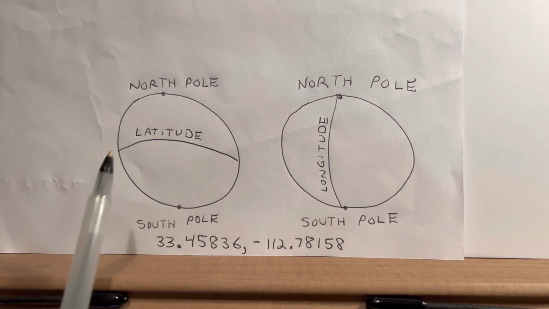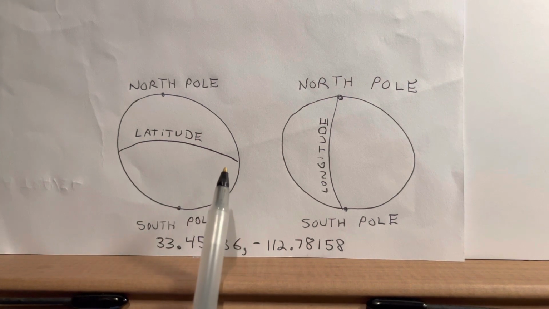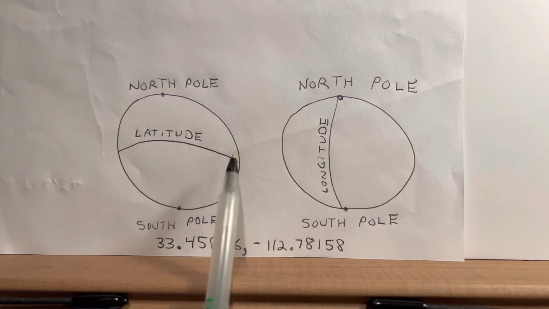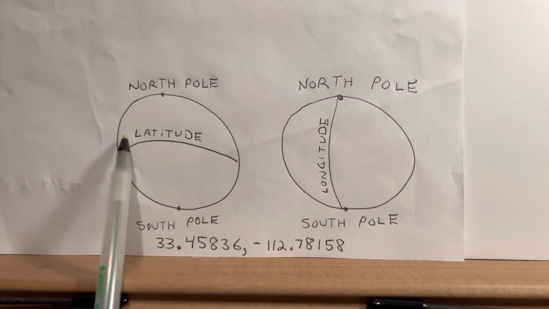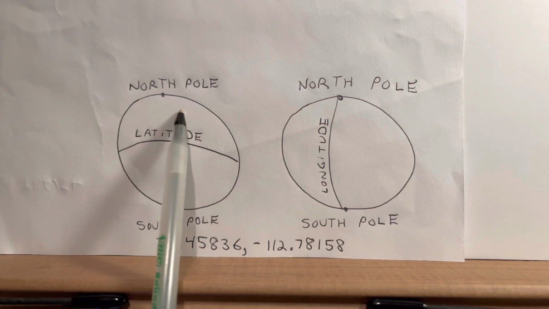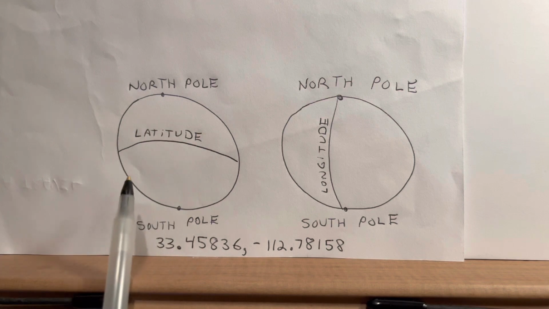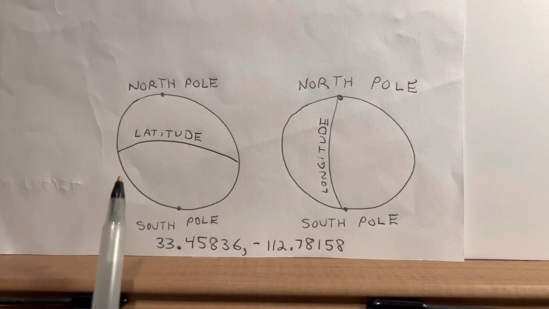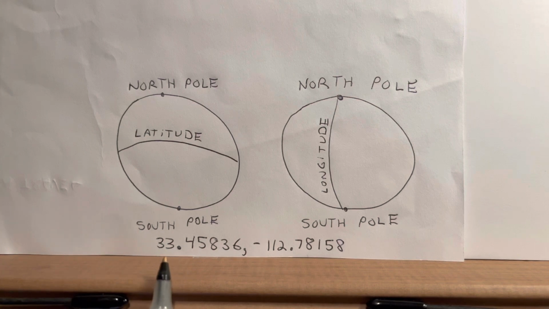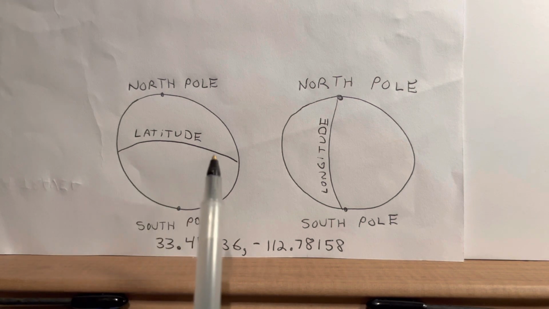So anyways, if you were to draw an east-west line across the globe, that's what's called a latitude line. Any line, whether it's a line high up north or a line down south, anything that goes east and west is a latitude line. That latitude line corresponds with the first number of the GPS coordinates.